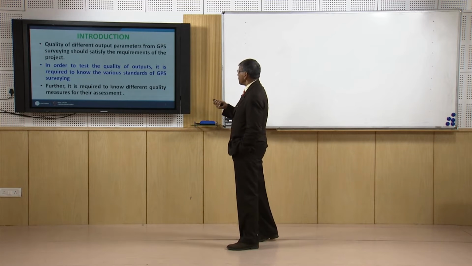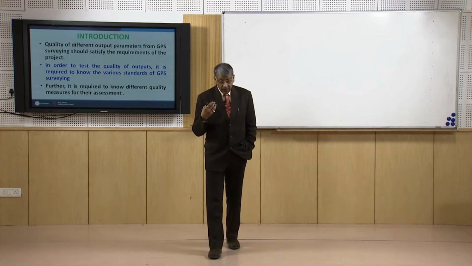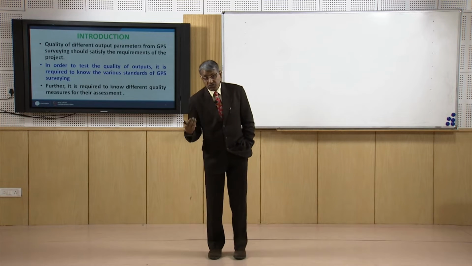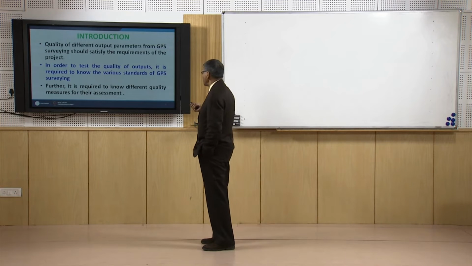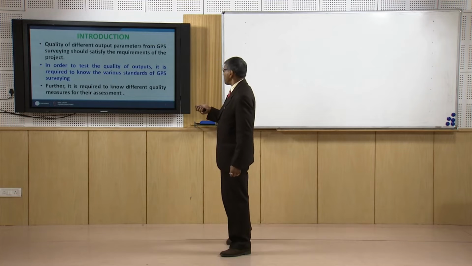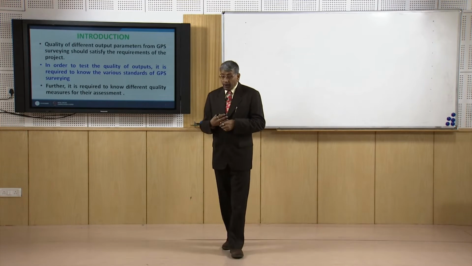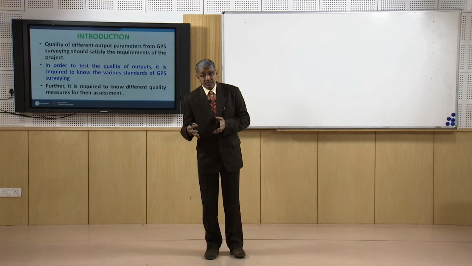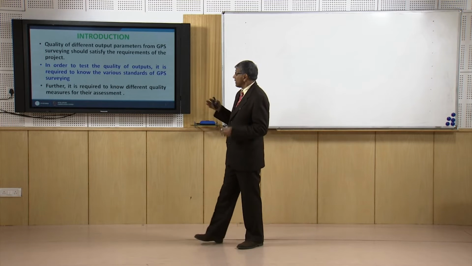Now, after we decide the quality that the land surveying work has to satisfy, we need to test the quality of outputs. The requirements of the projects we define on the basis of the standards that have been predefined and available, and that we will discuss.